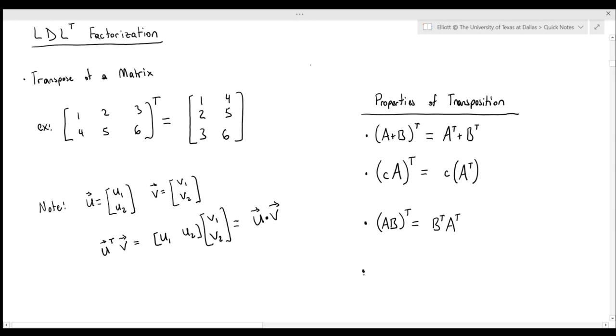And then lastly, if you have a matrix A which is invertible, then its transpose is also going to be invertible.